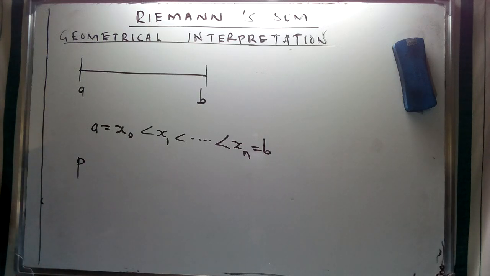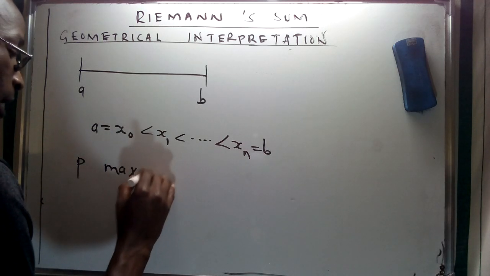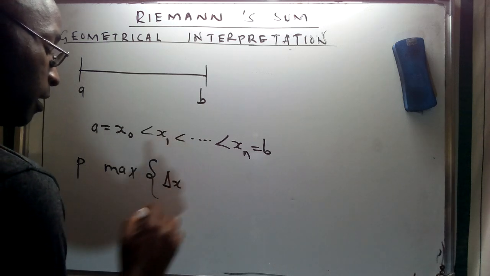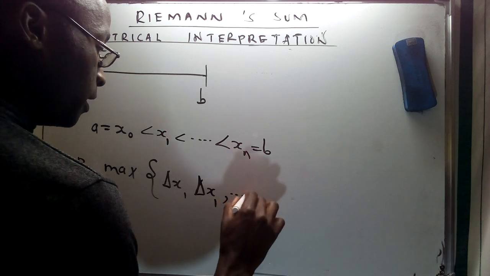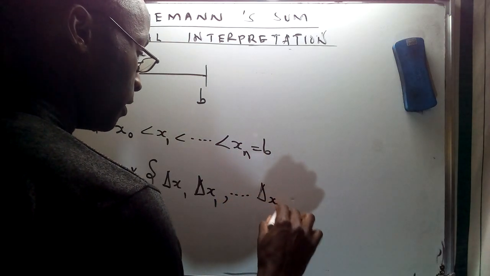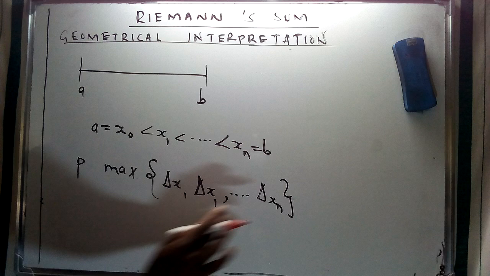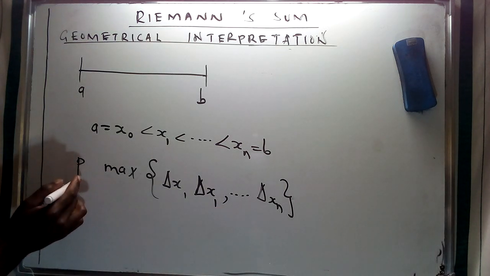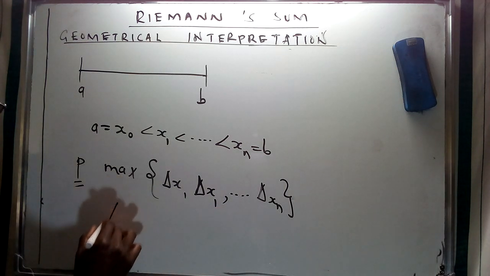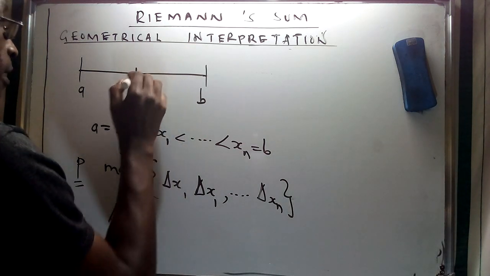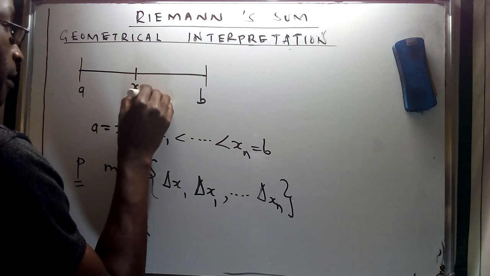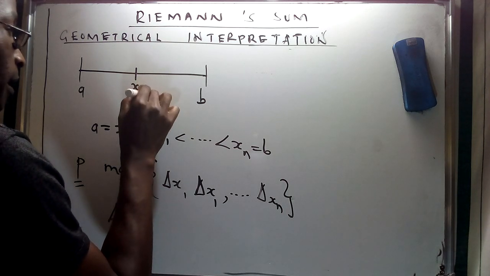In this specific case, we gave an interpretation of the largest subdivision, given as the maximum. We consider the differences for those partitions and give the maximum as delta xk. We can give this delta xk as xk minus xk minus 1.